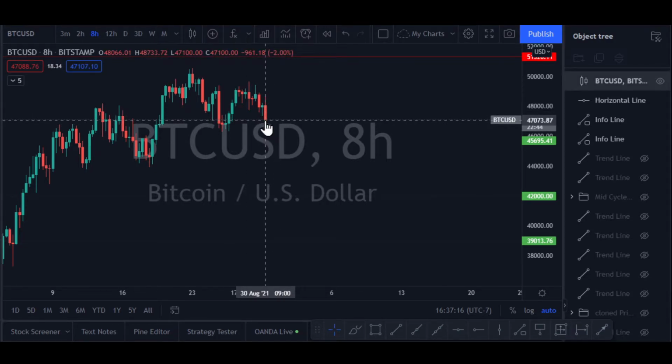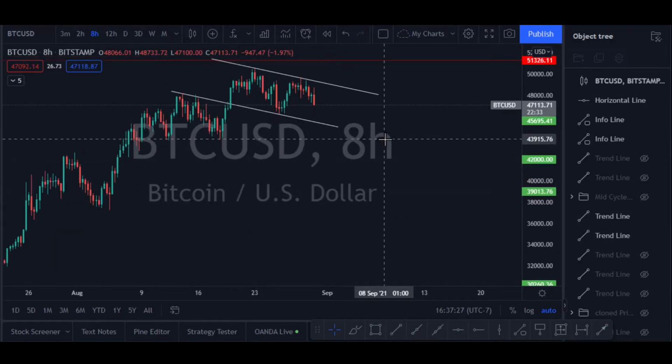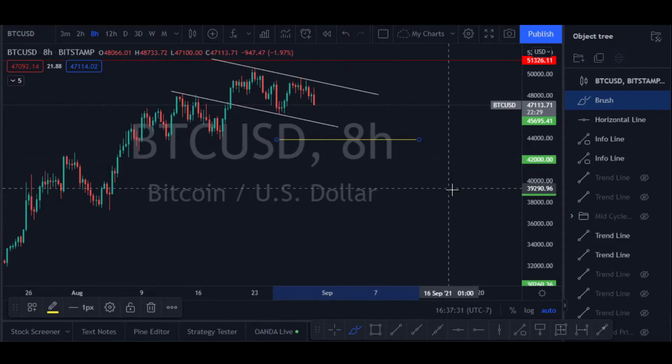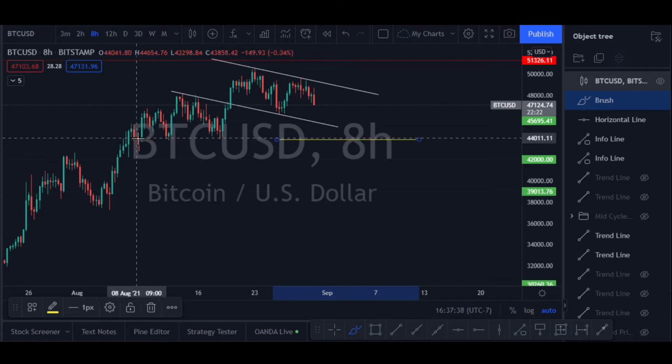It looks like we're getting close to that. If we are on this flag, then we should make a lower low here. A level I'm watching out for is right around here at 43,868, the low of these wicks and the low of these 8-hour candles closing.